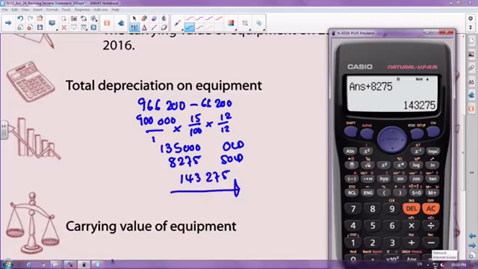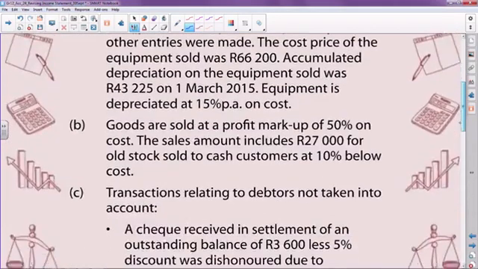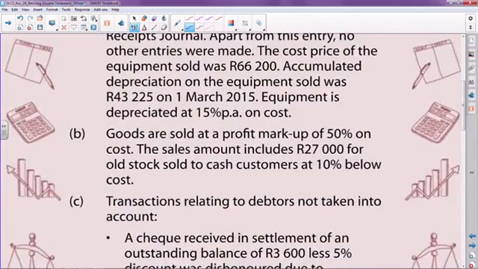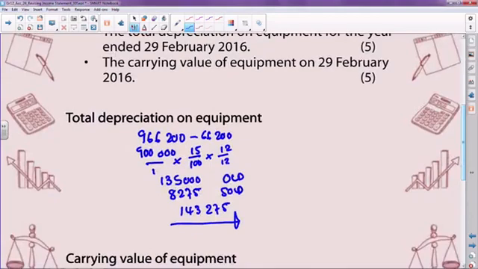There's one component that I'm not talking about here because it does not apply. And what is that? Remember, no mention is made of new equipment that was bought during the year. However, if there was new equipment, then definitely in this calculation, in most question papers, you would find sold, old, and new.